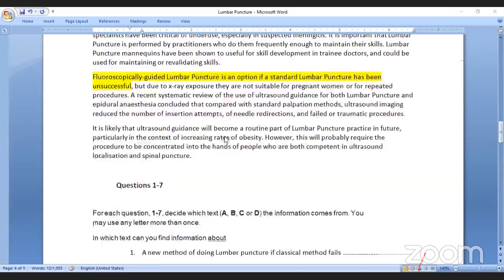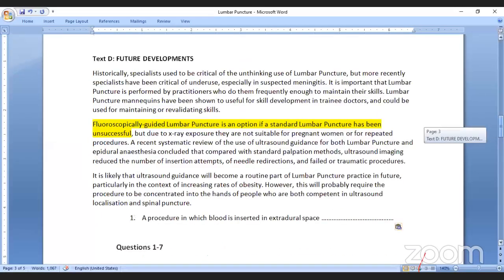Okay, D. Let's go for D. Most of you are saying D. Try to find the answer here. I have copied your questions.